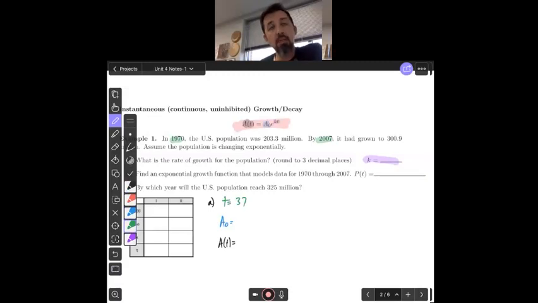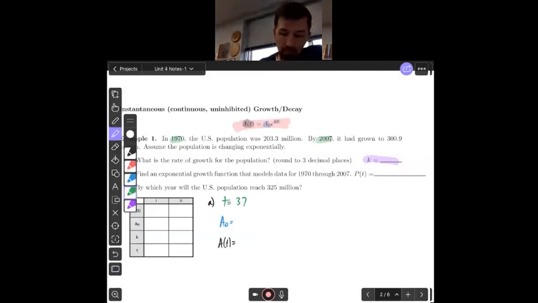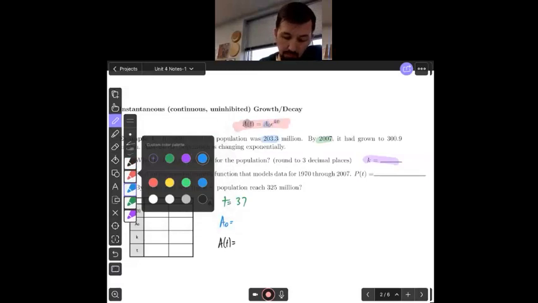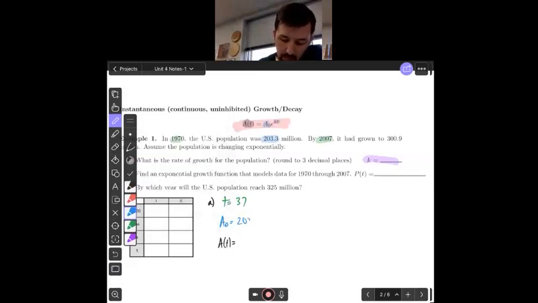What does A naught stand for? A sub 0 means the amount at time 0, the starting amount, the initial amount. So where did this problem start? That was our starting population for the data that we have, 203.3 million.